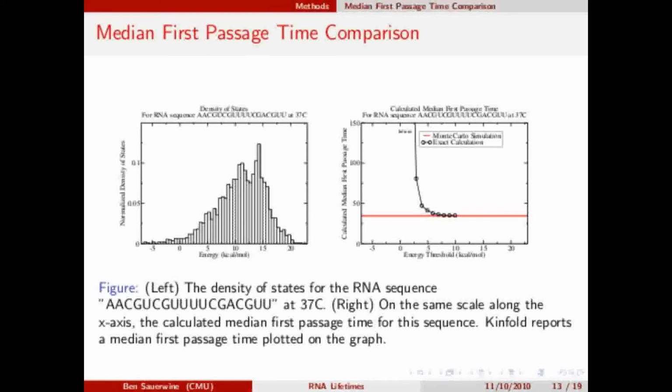Then, in the region of exponential growth, I see that my exact calculation converges to the simulated median first passage time. I would have done the exact calculation for even higher energy thresholds, but the problem is that multiplying large matrices is an expensive computational operation, and it just was not practical.